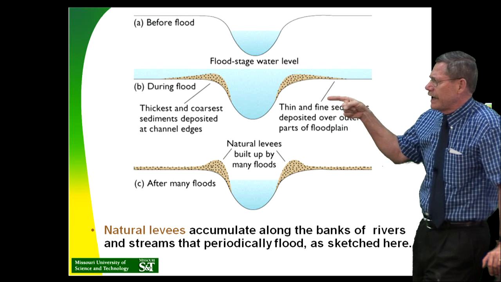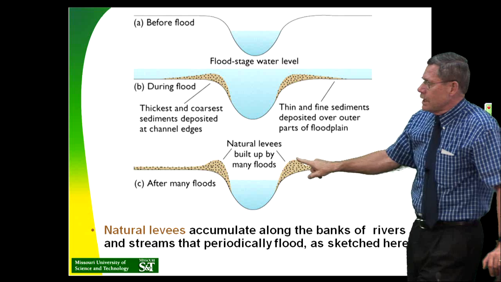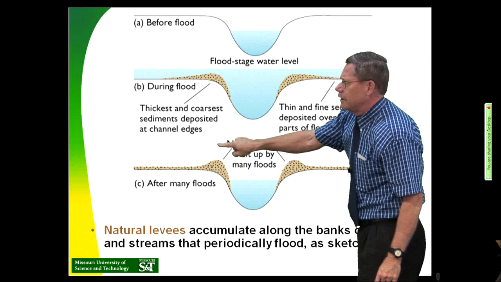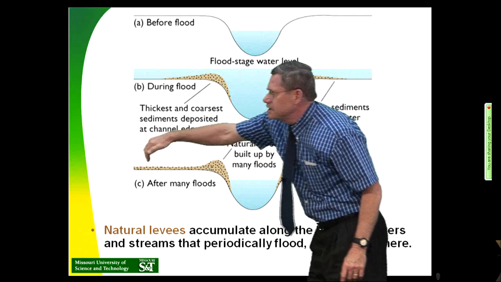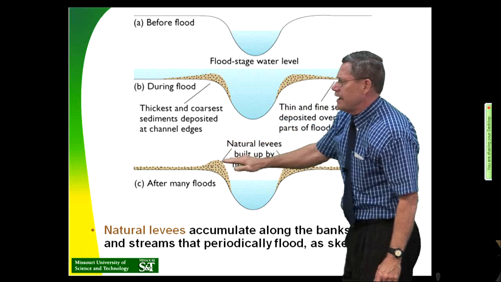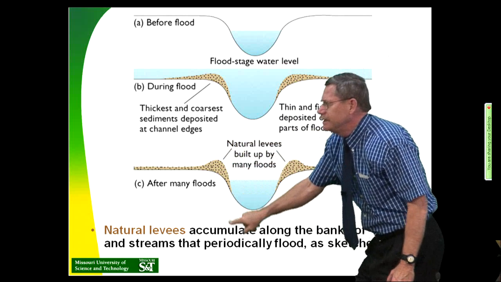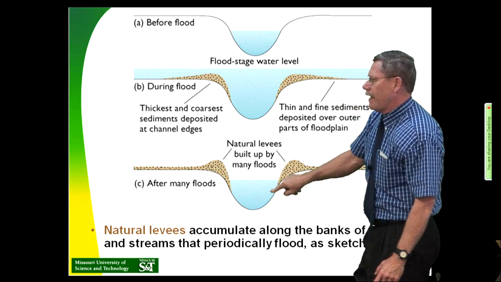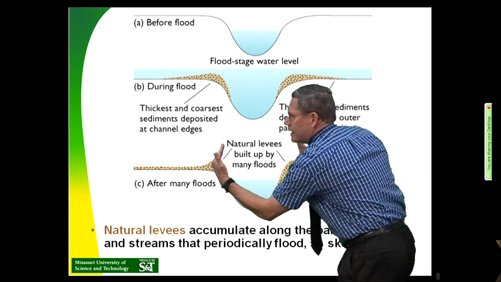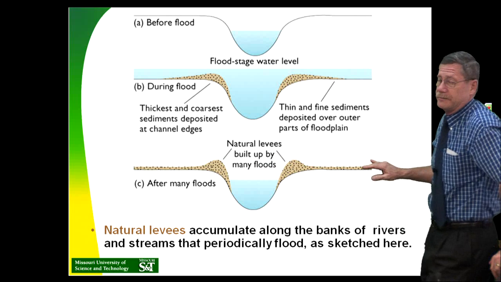His mistake was he looked at it like this, and said, well, if this is what the channel looks like, if I put levees right here and heighten this, I take some of this silt right here, drag line it up, and make the levees higher, now when I have a flood, I can bring the flood way up to here, and this will dig down deeper. And that is the most inexpensive way I can train this thing and keep it from flooding everybody out who lives over here on the floodplain, places like Memphis.